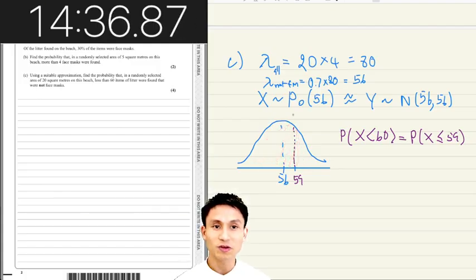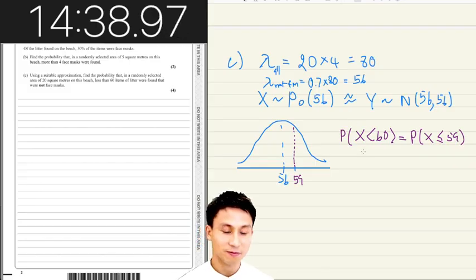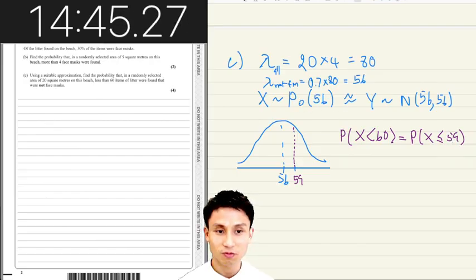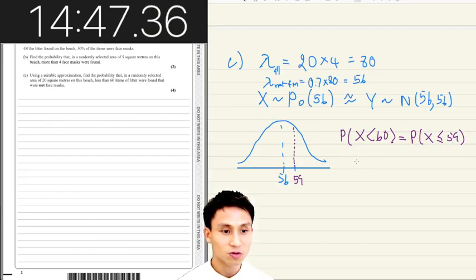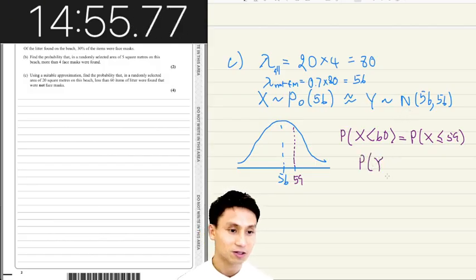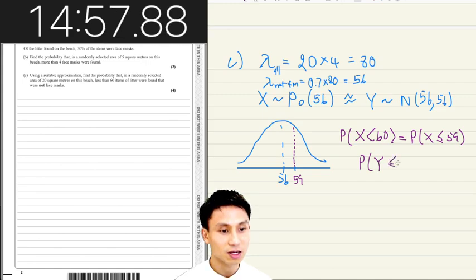So you got to move it to the right a bit by 0.5. That means instead of doing a 59 there for the Poisson, you're going to have to do P of Y here, because Y stands for the normal distribution. We model Y as a normal distribution. So it's got to be less than 59.5.